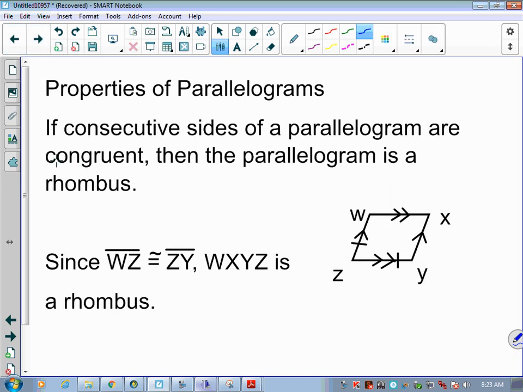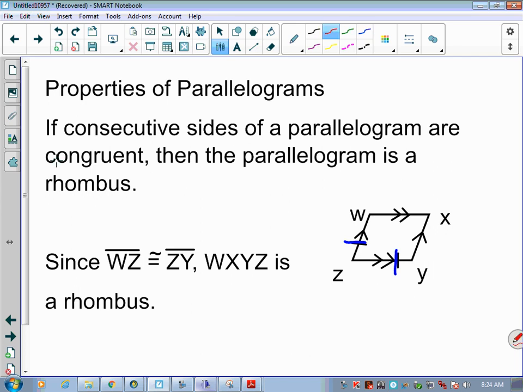Okay. This one's going to talk about, is a parallelogram a rhombus? If consecutive sides, okay, consecutive as opposed to opposite sides, if I have consecutive sides that are congruent, then the parallelogram is a rhombus. Because WZ is congruent to ZY, it's a rhombus.